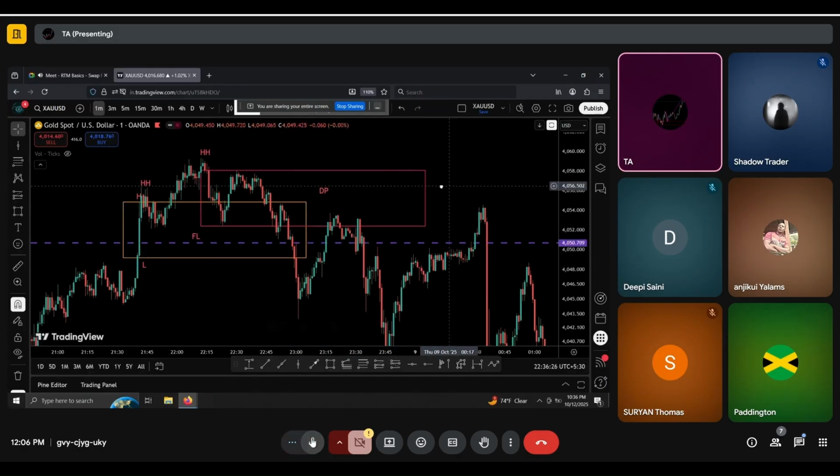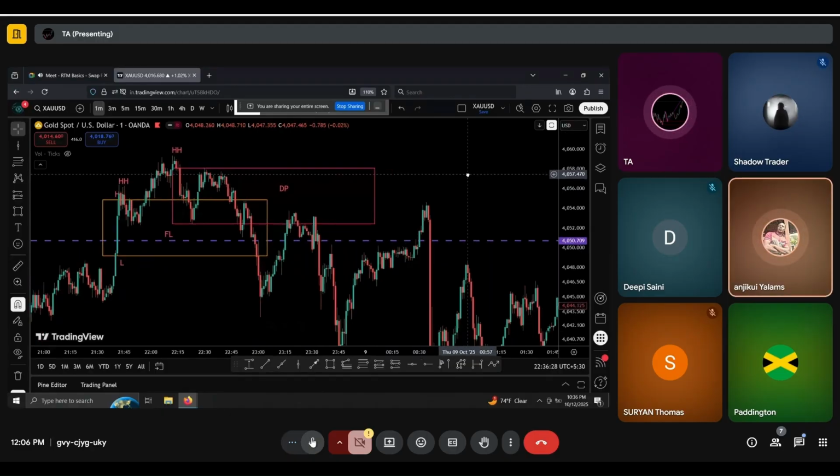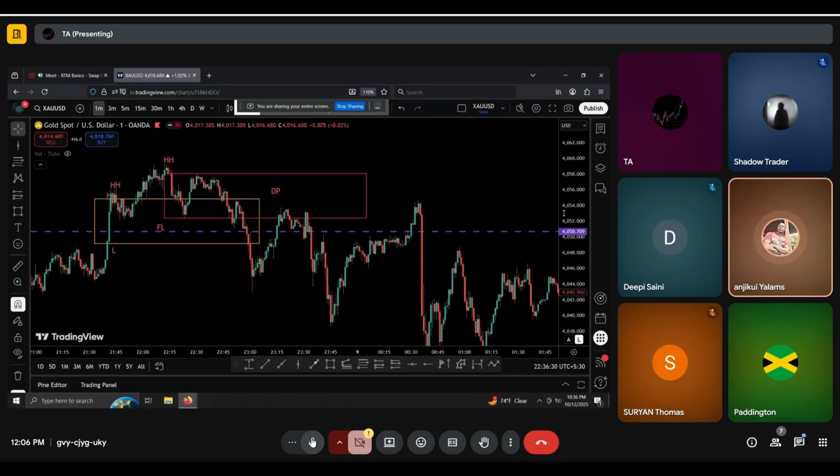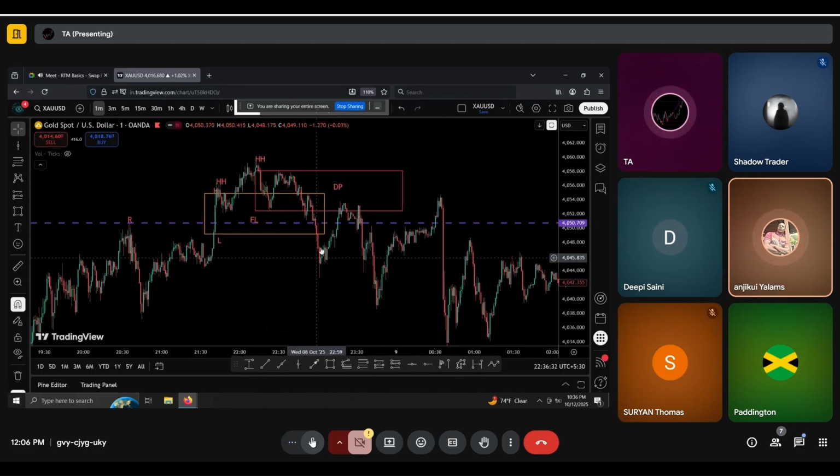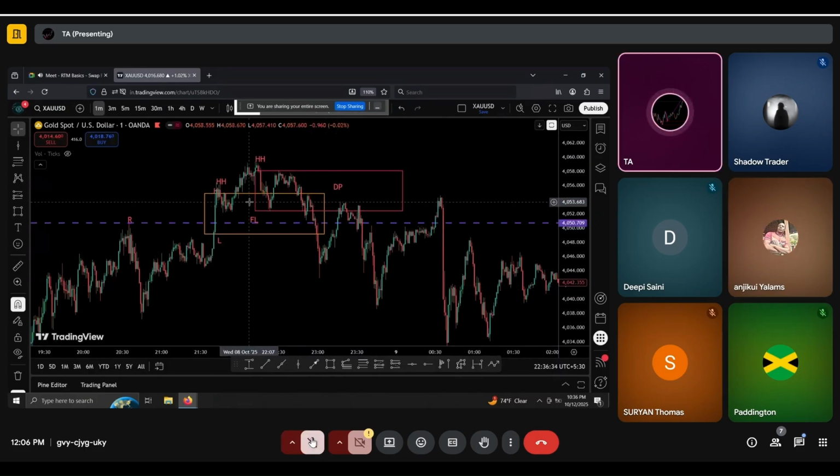It barely went in, barely touched, and then traded down. It is touching just below the 50% of the DP.